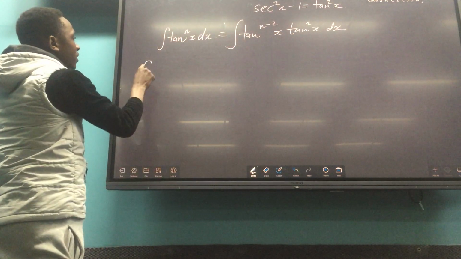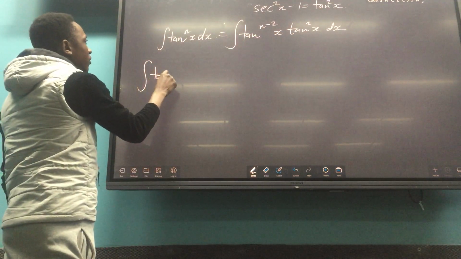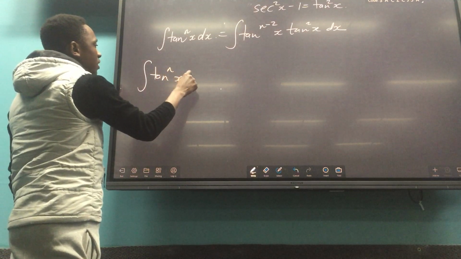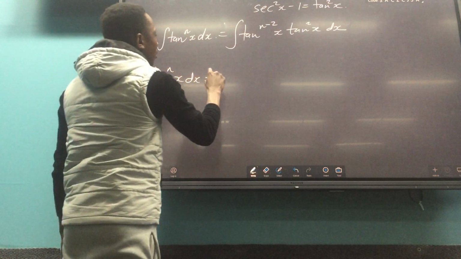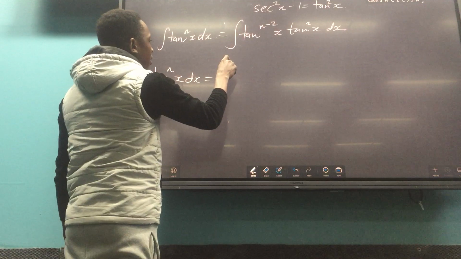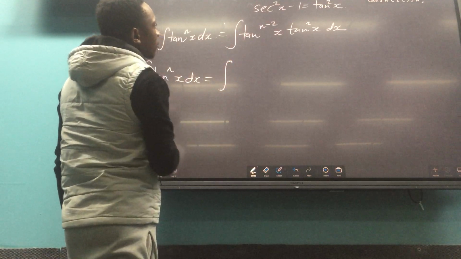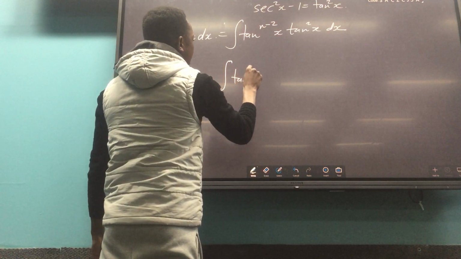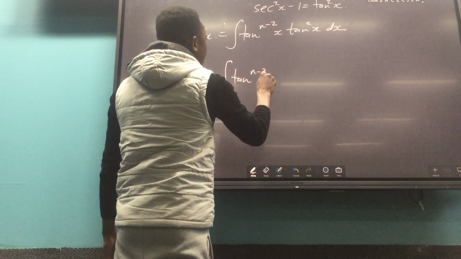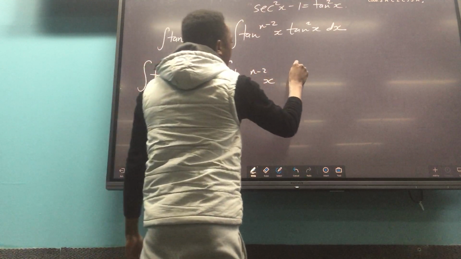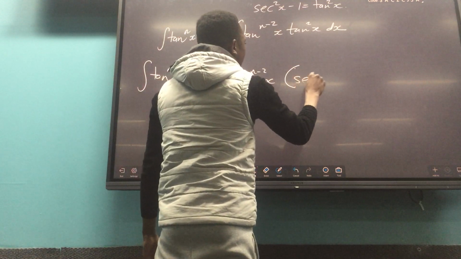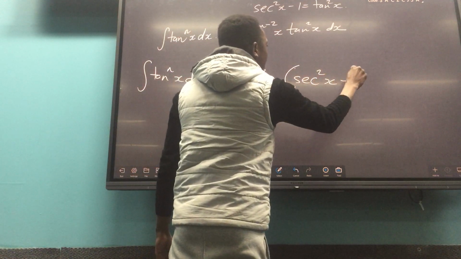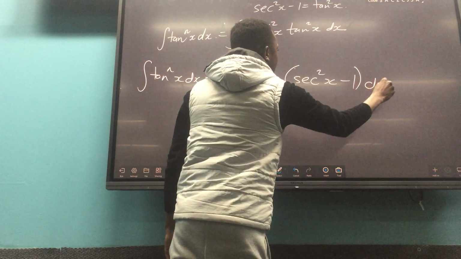So that's going to give us the integral of tan to the n of x dx equals the integral of tan to the n minus 2 of x, bracket, sec squared of x minus 1, dx.